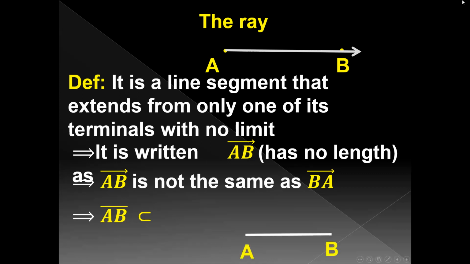The AB line segment is a subset of AB ray, and AB ray is a subset of AB straight line. Line segment is a part of a ray and the ray is a part of the straight line. So this is a very important part: AB line segment is a subset of AB ray, which is a subset of AB straight line.